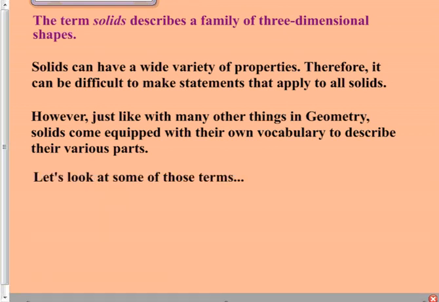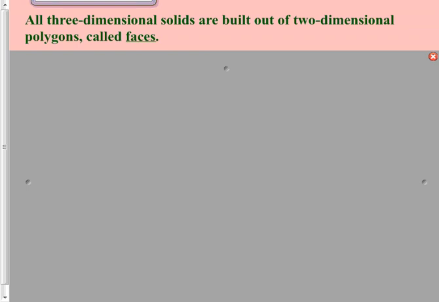Okay, so let's take a look at some of the basic terms that go along with solids. Now, here is where Euclid's idea of geometry starts to come back into play. All 3-dimensional solids are built out of 2-dimensional polygons called faces.